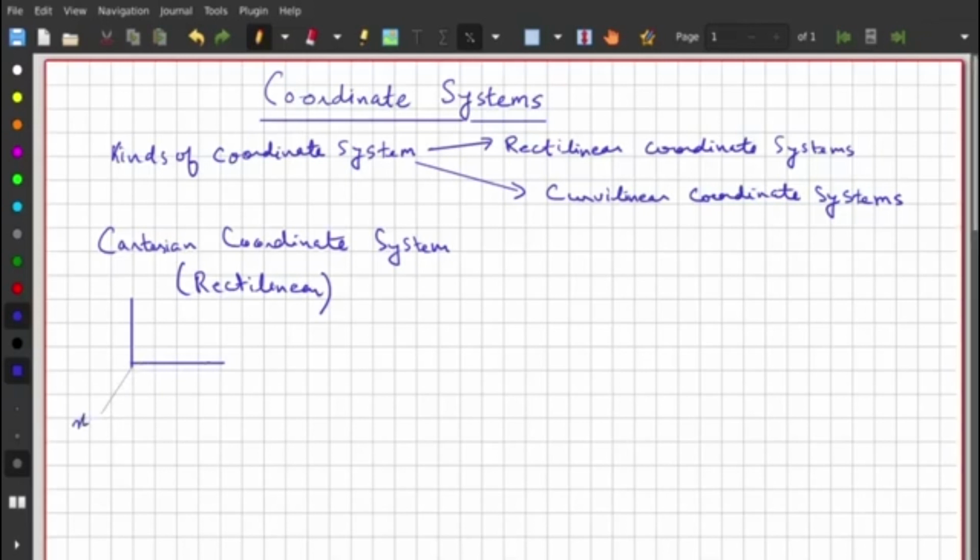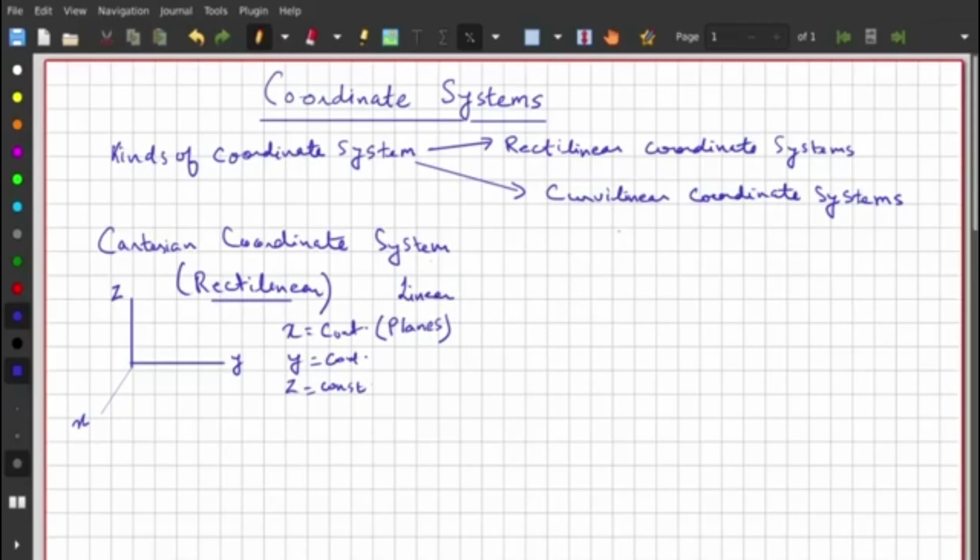We have the x, this is the y direction, and then this is the z direction. So x equals constant, y equals constant, or z equals constant. These all define planes. Or in two dimensions you can think about them as lines, they define lines, and they are linear, so these are linear objects. Linear, hence the term rectilinear.